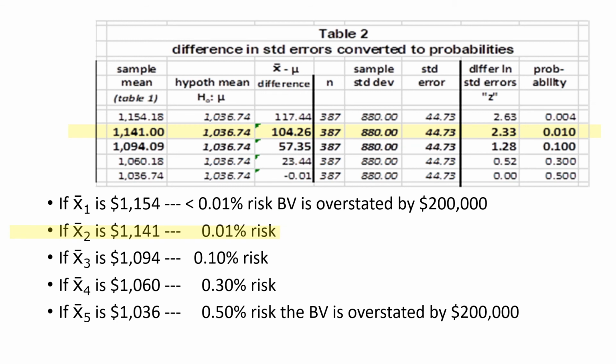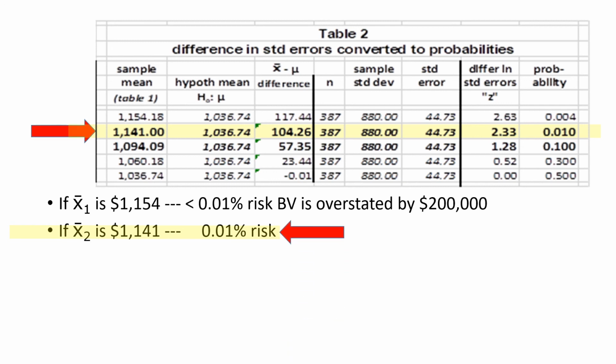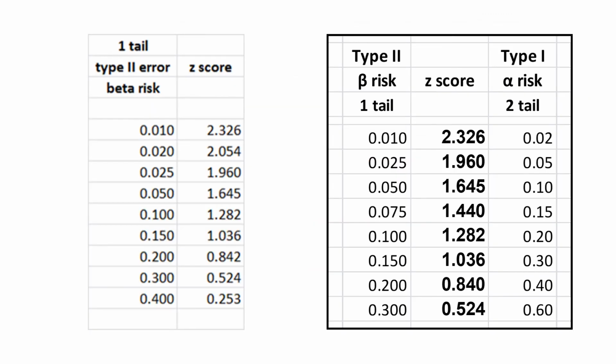I think we've been through this before, so we've got a 1% risk. Partner wanted 5%, so we're great. We're over 95% confident. Be familiar with these tables.